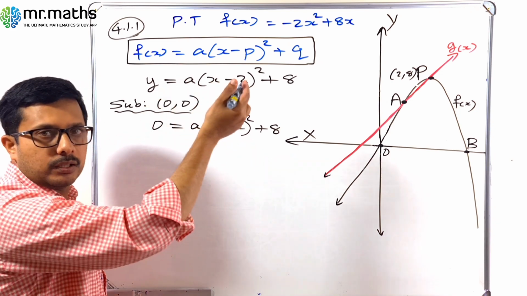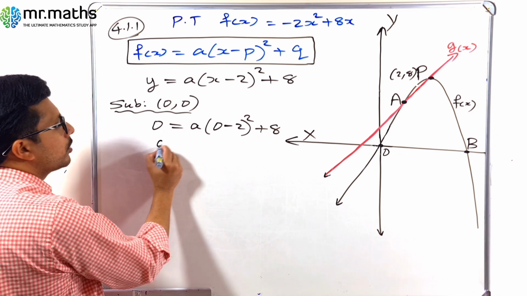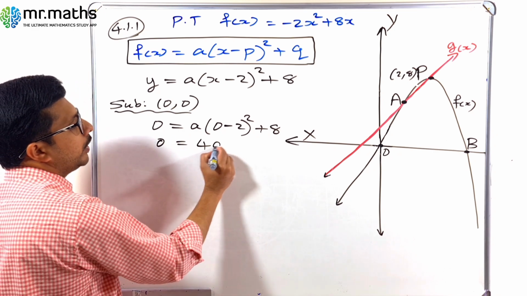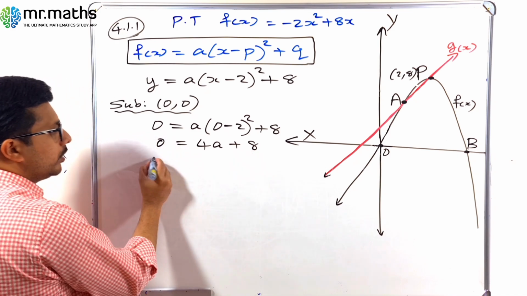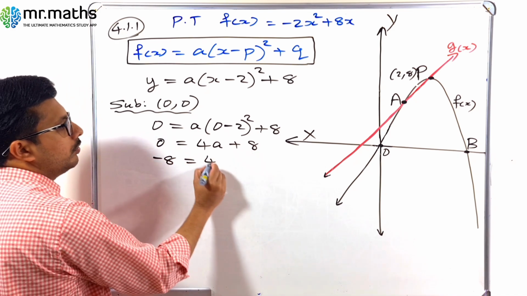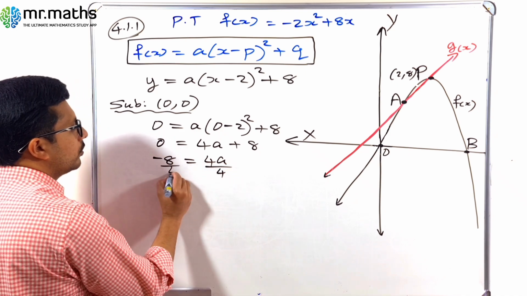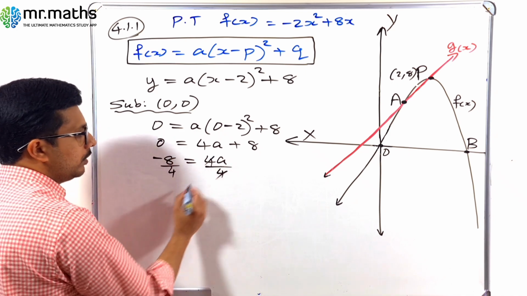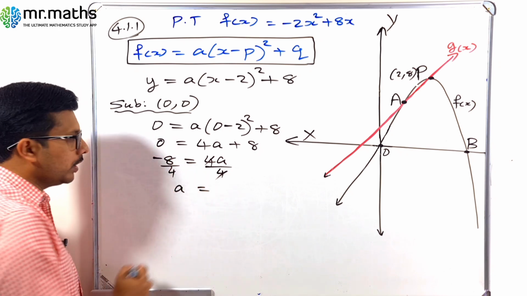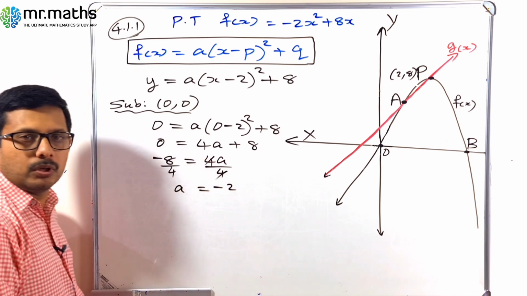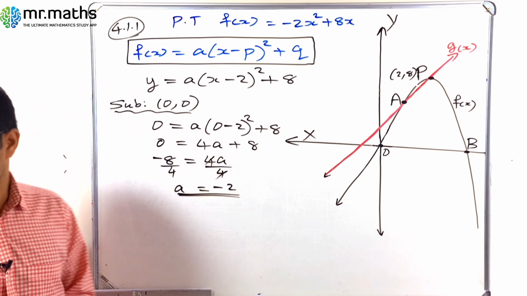Minus 2 square is positive 4. So 0 is equal to 4a plus 8. Take this 8 to this side, so minus 8 is equal to 4a. So divide both sides by 4. The answer is a is equal to minus 8 divided by 4, which is minus 2. So it means that the value of a is minus 2.